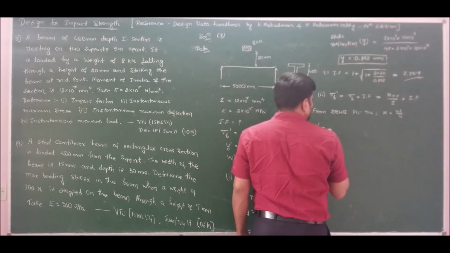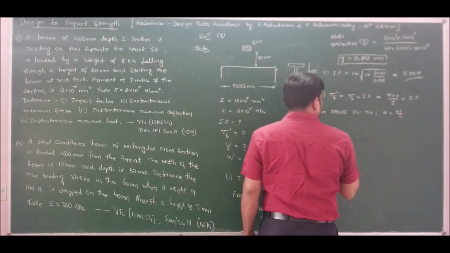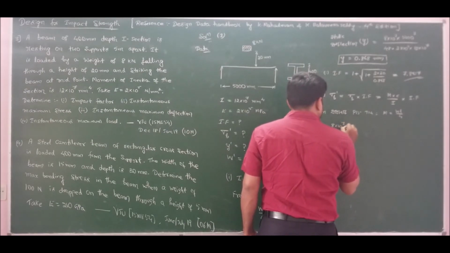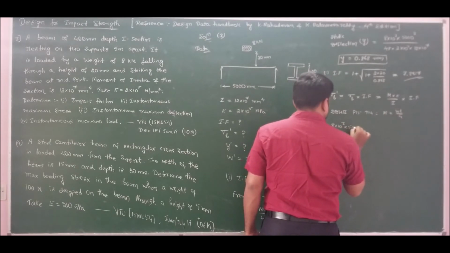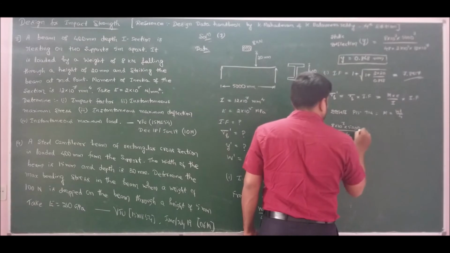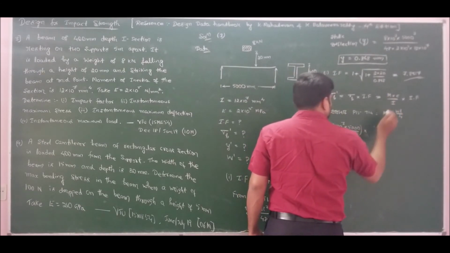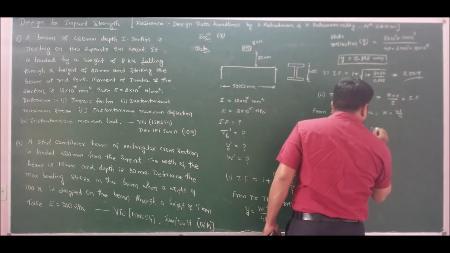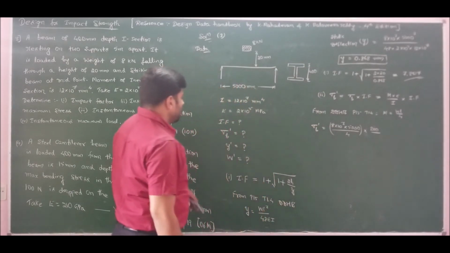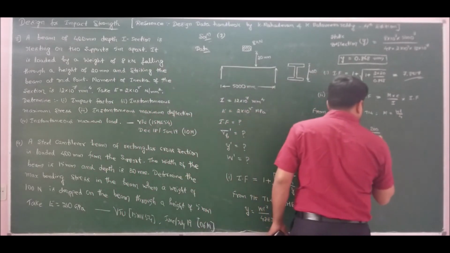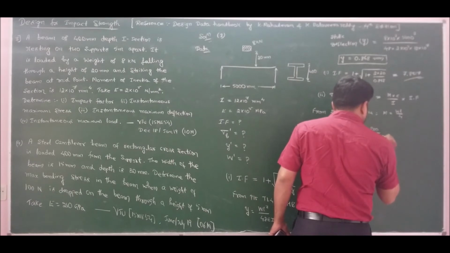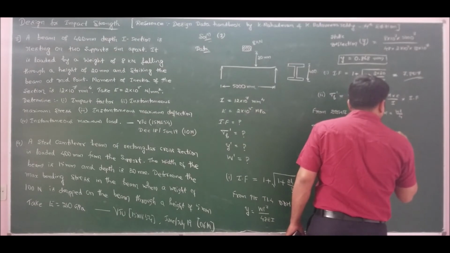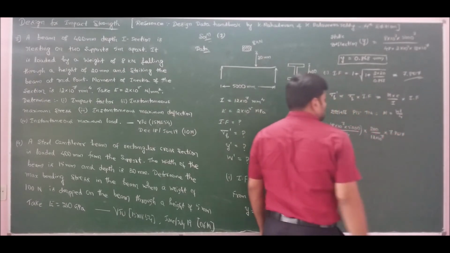I will get the value of instantaneous bending stress. The value of M is WL by 4. W is 8 kilonewtons, 8 into 10 to the power of 3, L is 5000, divided by 4, is the value of M, into C. C is D by 2, that is 400 by 2, which is 200, divided by I, the area moment of inertia given as 12 into 10 to the power of 7, multiplied by the impact factor, that is 7.8617.